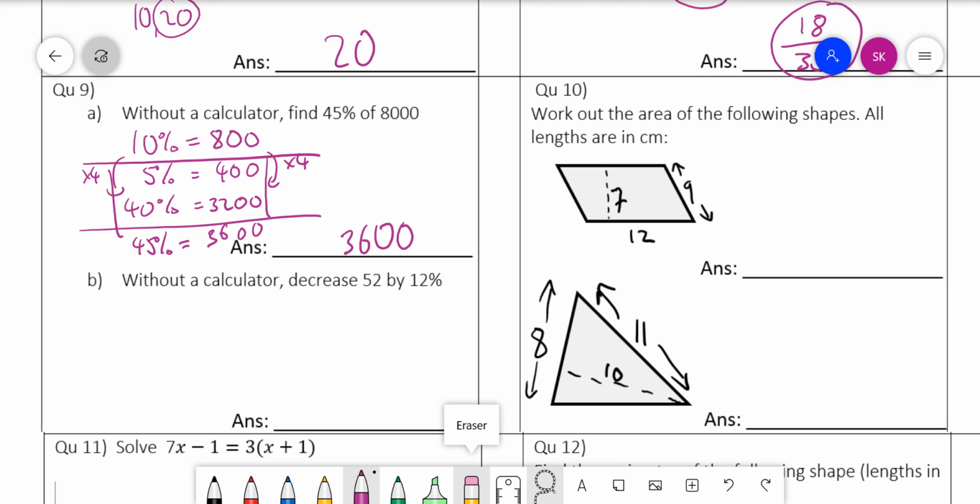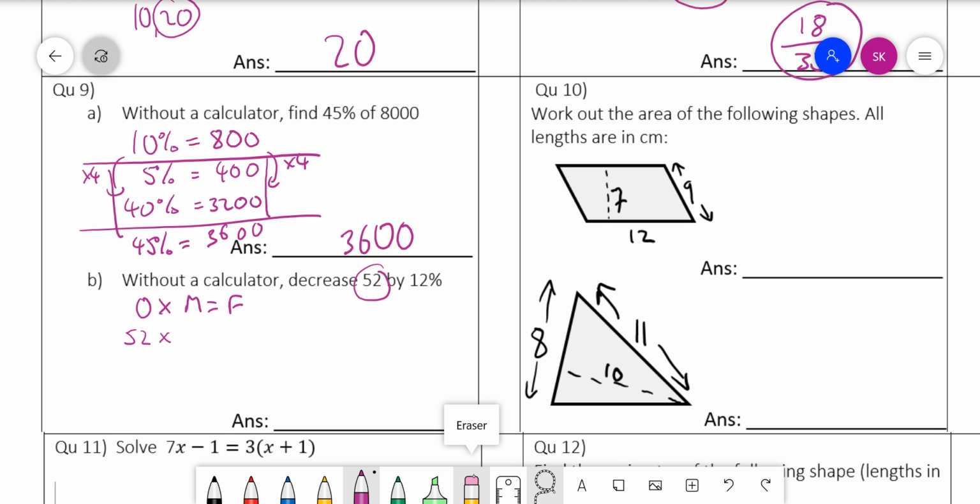Without a calculator, decrease 52 by 12%. So I'm definitely not going to be doing the same method where I find 10% for this one. For this one, decreasing 52 by 12%, I'm going to do O times M equals F. My original amount is 52.